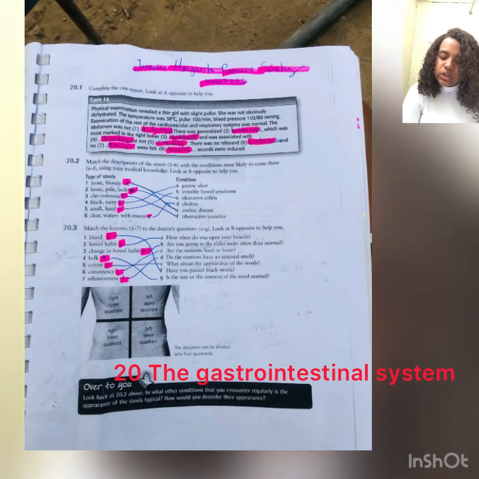There was no rebound tenderness and no mass. Bowel sounds were reduced.